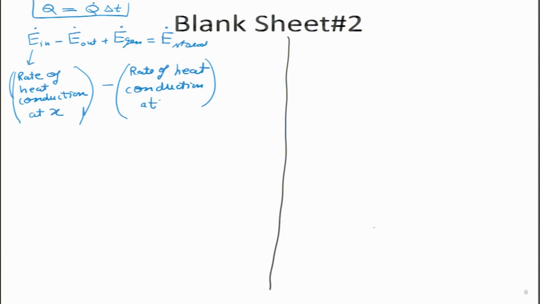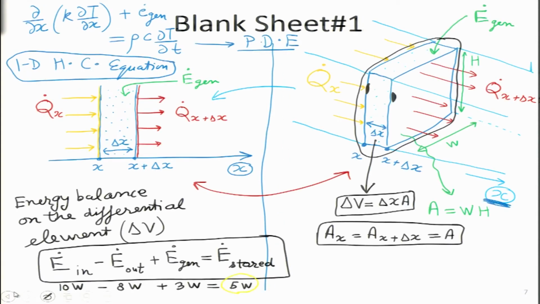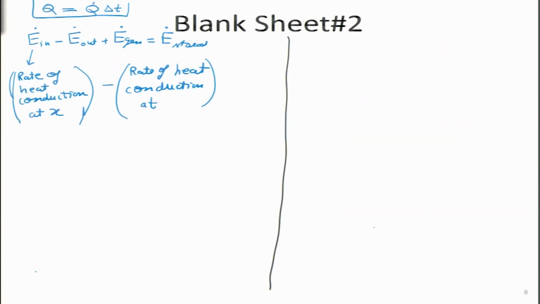So, when we are talking about E dot out, we go back over here, at which point is energy actually going out. So, if you see this circle that I am making on this particular point, this represents x plus delta x. So, I am going to write over here x plus delta x.